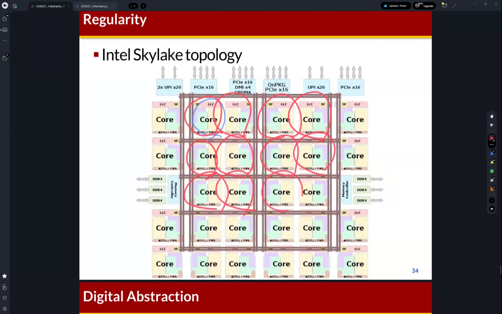So what is the benefit of regularity? We don't need to design different cores. We can just copy and paste the design of this single core to build a large chip or large CPU. So that's why we can build very complex processors that include billions of transistors.